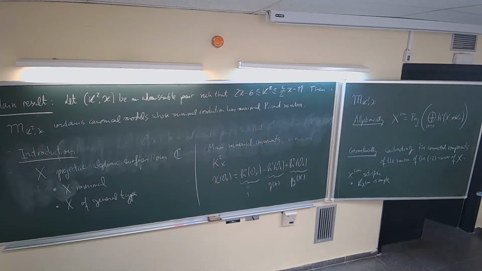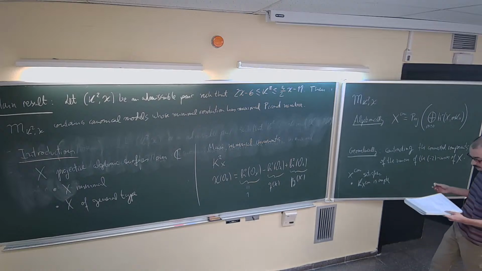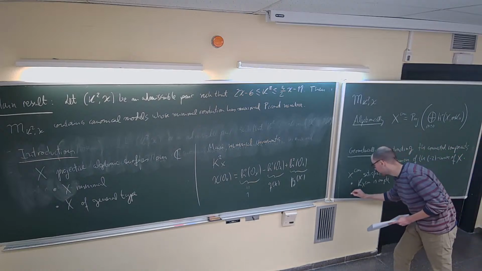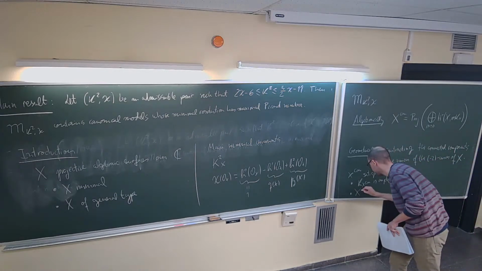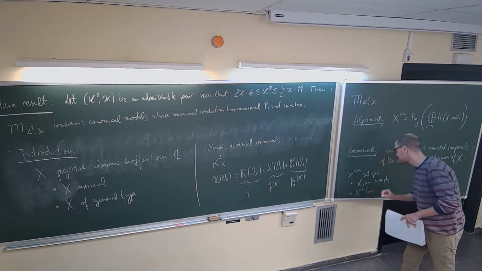So the canonical divisor of a canonical model is ample, and the price that we pay is that X may have some singularities.